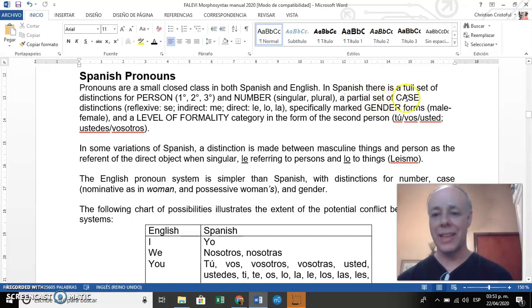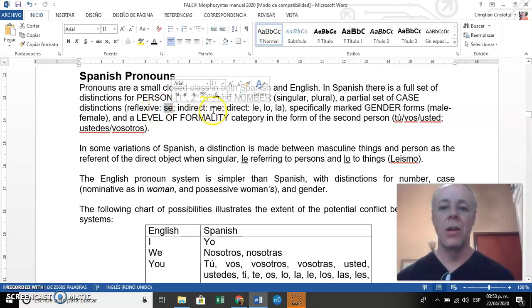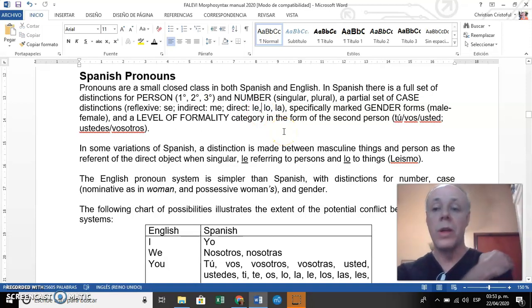A partial set of case distinctions, for example, the particle se or me or le, etc., also show case. What does case mean? Let's say reflexive. Reflexive case or reflexive form. So these suffixes, le, me, etc., add information, meaning reflexive.